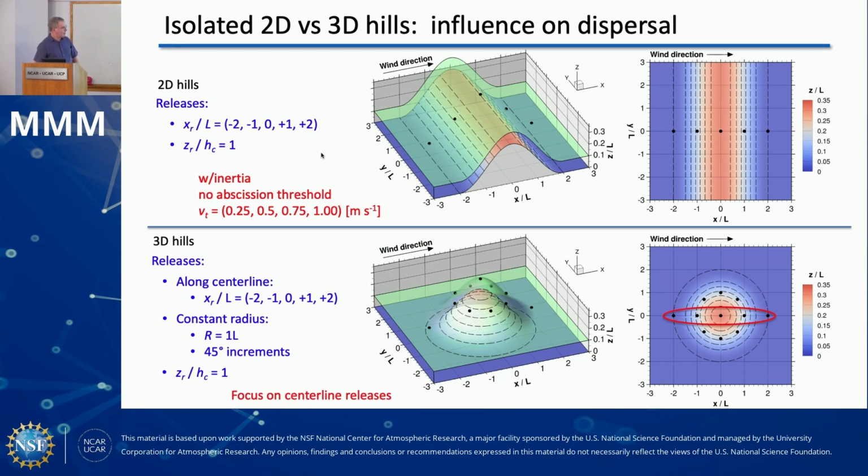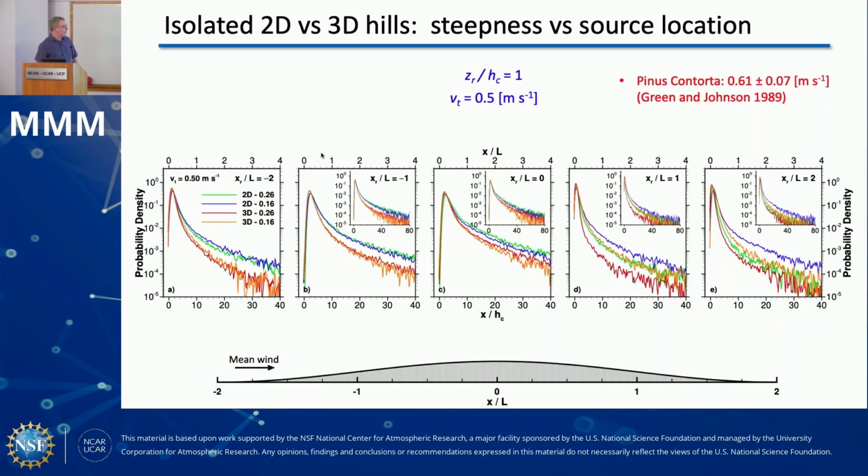And like I said, I'm going to focus just on the centerline releases. So there's a lot in this plot. This is for the VT of 0.5. These are for releases at -2, so the upwind side of the hill, and then the upwind side of the hill halfway up. These are for releases at the hill crest, and then the two on the backside.